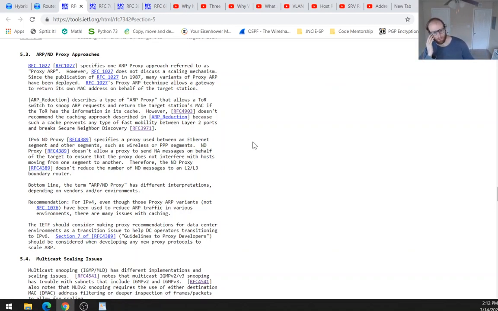Recommendation for IPv4: even though those Proxy ARP variants, not RFC 1027, have been used to reduce ARP traffic variations in various environments, there are many issues with scaling.